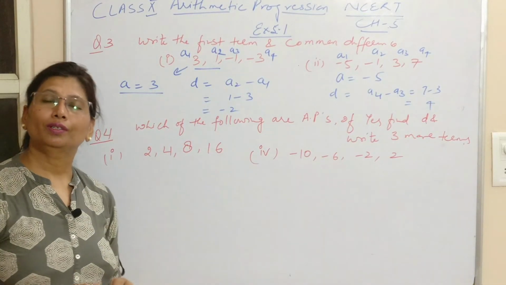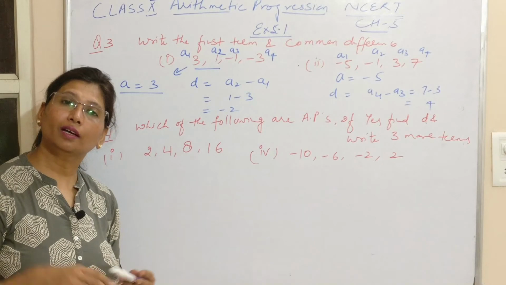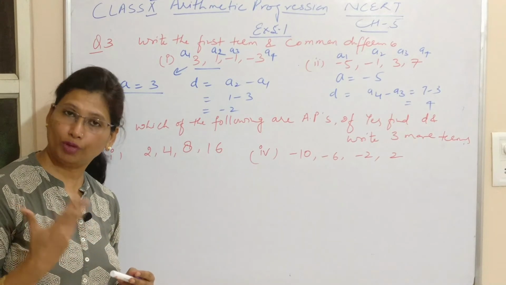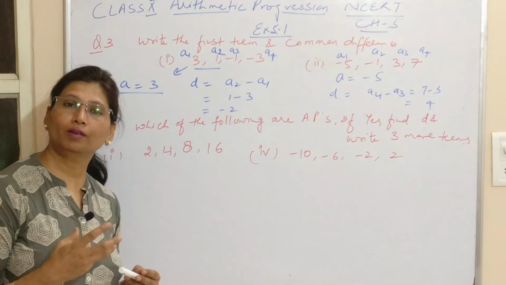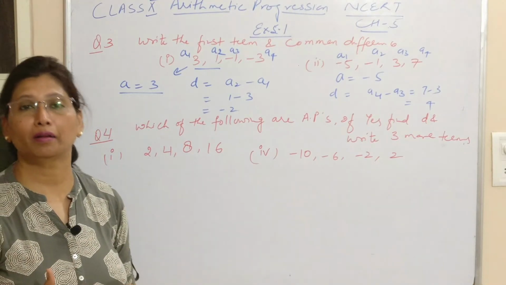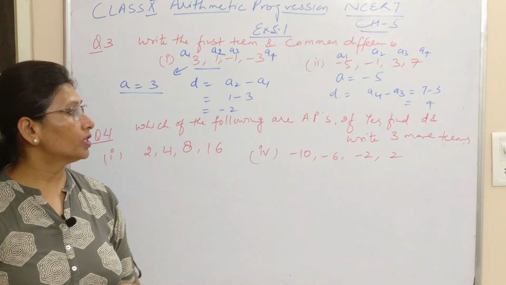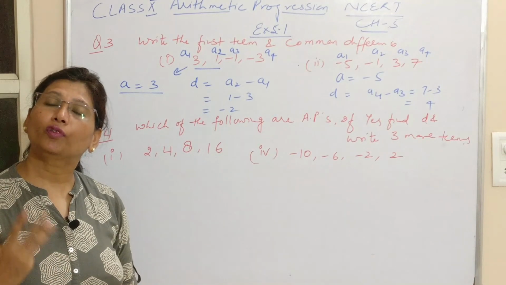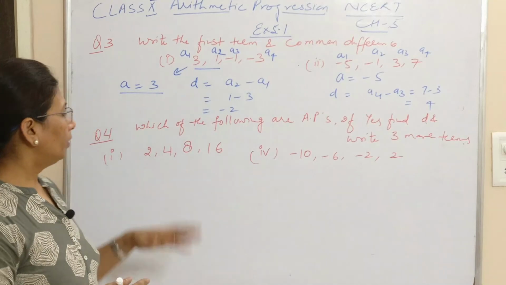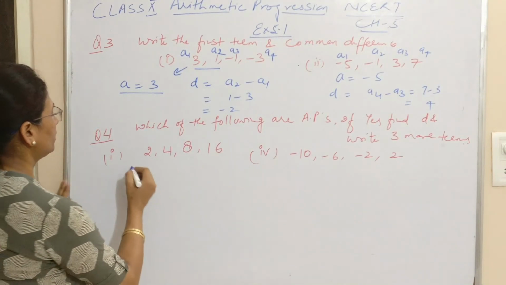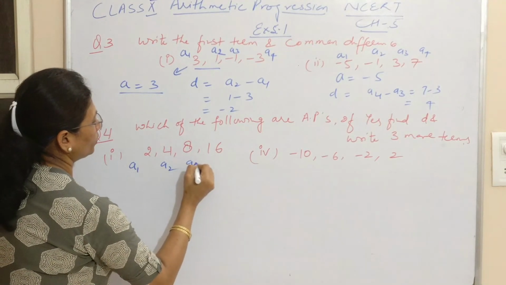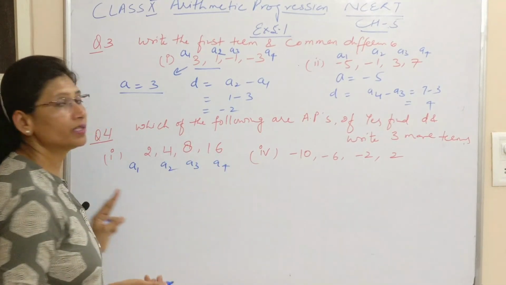Moving to the last question, it says we have to find whether these are an AP. So we have to check whether the given sequence, the given pattern, is an AP. If yes, we'll find the common difference and write the next 3 terms. Now here the first part, this is A1, A2, A3, A4. How do we decide this is an AP?